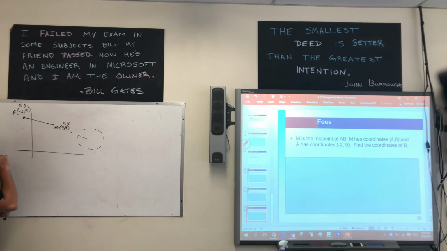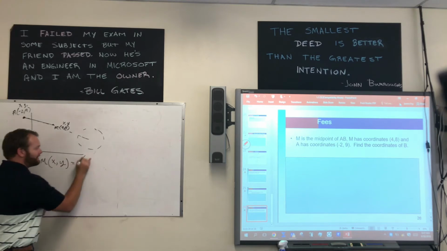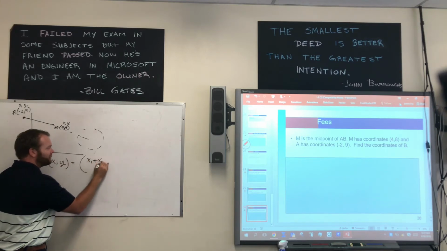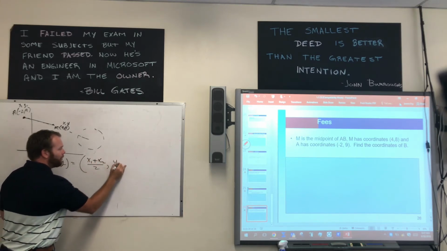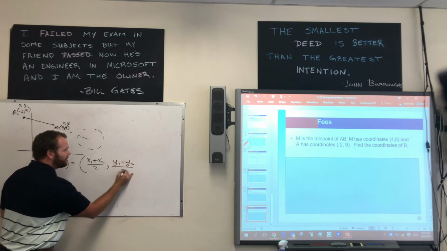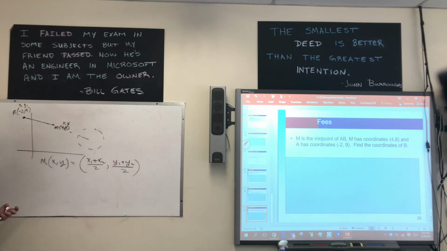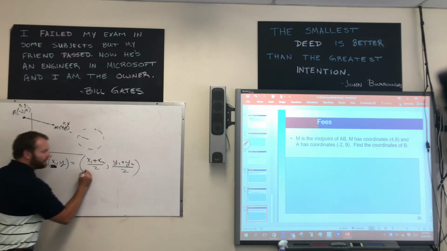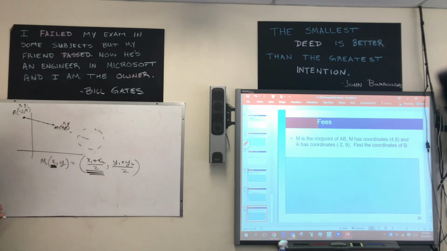All right, so this is how we do this. We know the midpoint formula for x comma y is equal to x1 plus x2 over 2, y1 plus y2 over 2, right? This x value right here is found with that expression. So there's an equation. It says x is equal to x1 plus x2 over 2.